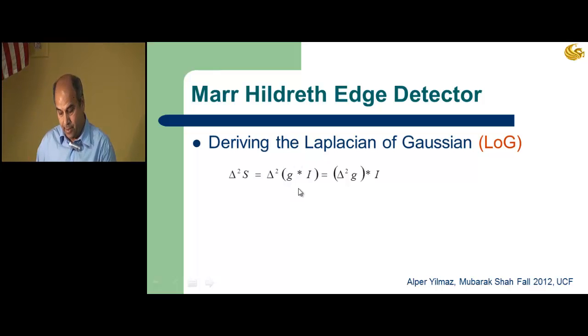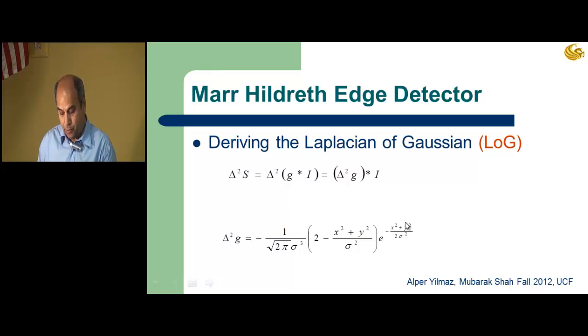That's one way to do it. The other way is that we can take a Gaussian and find its Laplacian, because this is the expression we have. We can differentiate with respect to x, differentiate with respect to x again, differentiate with respect to y, differentiate with respect to y again, and add it up. So this is exactly the same as that, theoretically, and you can verify that.